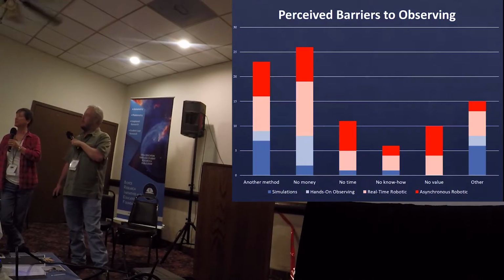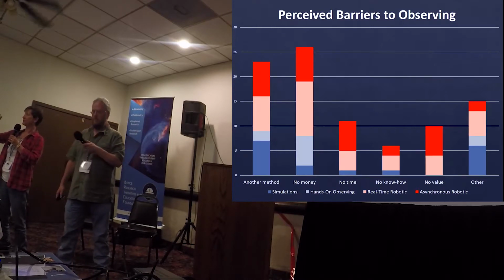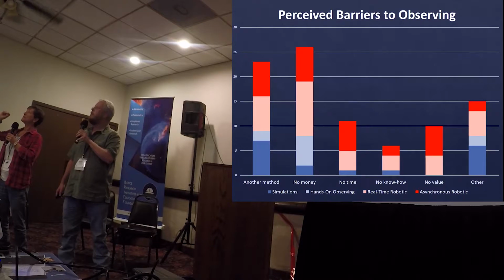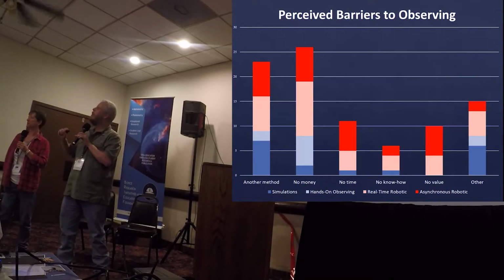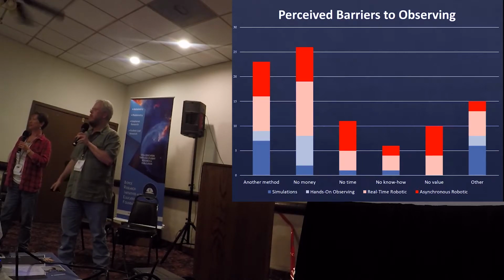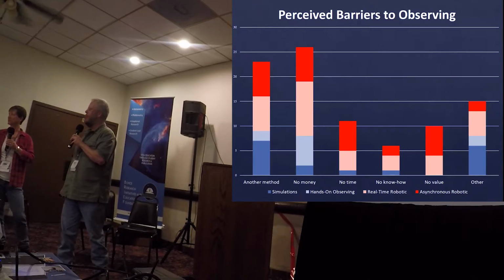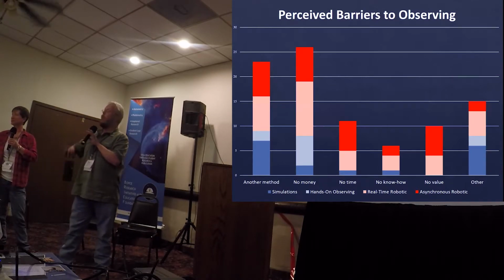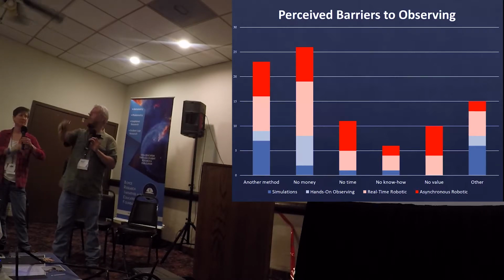We said, I believe the question was, what is the perceived barrier that prevents you from using something? And essentially they said, we don't have the money for it. Right. So we're not saying that this is all perception.